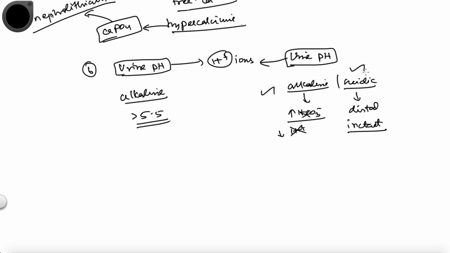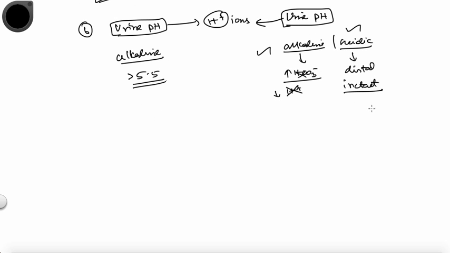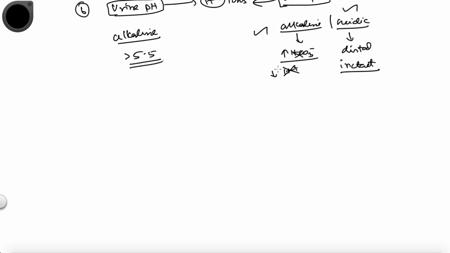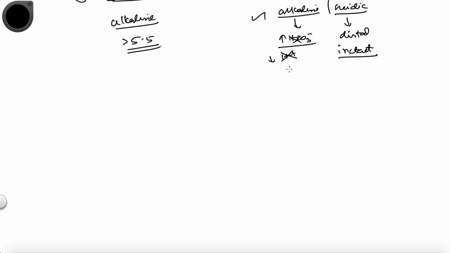So if you find metabolic acidosis with alkaline urine, please suspect a renal tubular acidosis, because there's a problem in the tubular function over there. And here the urinary pH can be either more than 5.5 or less than 5.5, as I discussed.